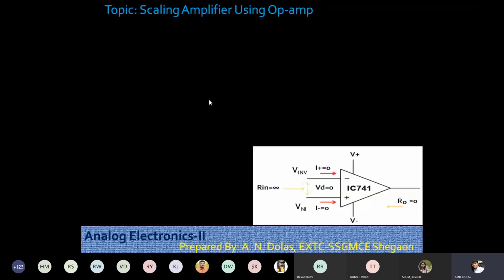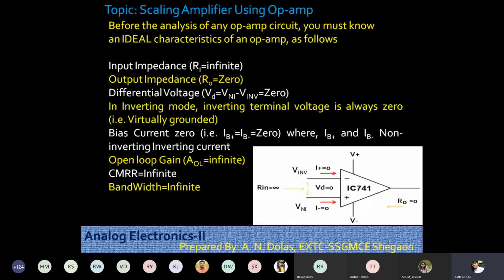Okay, so these all are the characteristics, ideal op-amp characteristics. Input impedance infinite, output impedance 0, differential voltage Vd is 0. In inverting mode, inverting terminal is always at 0, that is called virtually grounded terminal. We'll see this concept later on in detail.